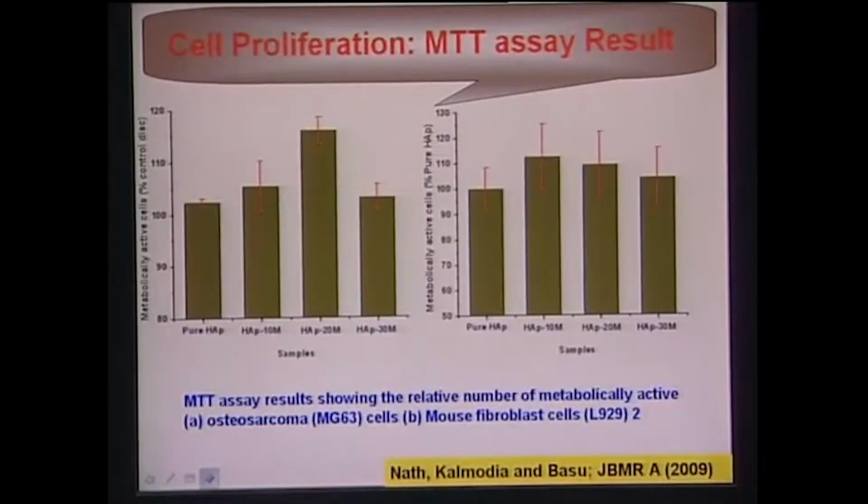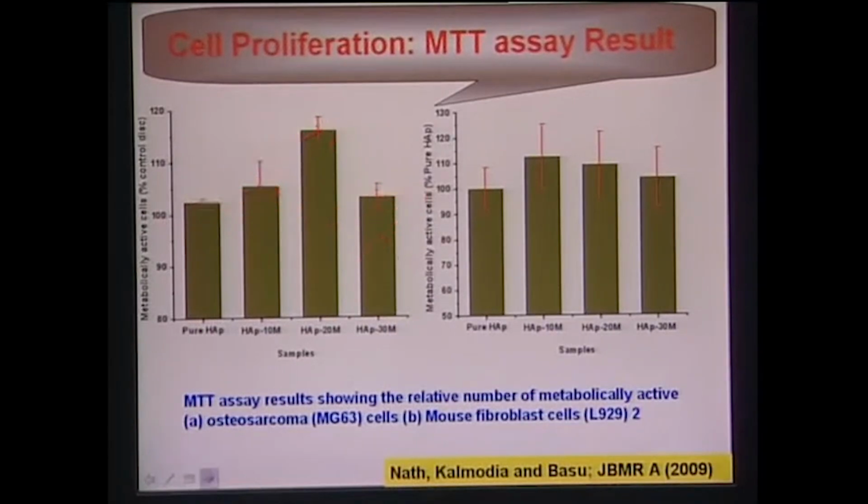Now, the MTT assay was performed to quantify the cell viability of these materials. This is for the pure hydroxyapatite, this is for the hydroxyapatite 20 mullite, and this is for the 30 mullite. You see here the error bars overlap, and from this to this, again the error bars roughly overlap.